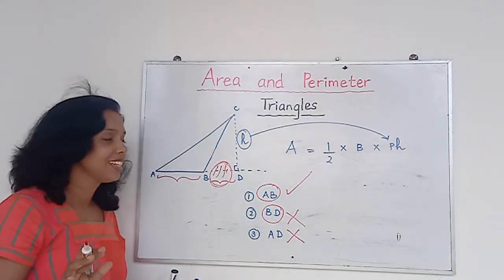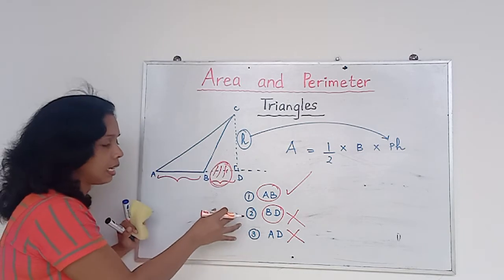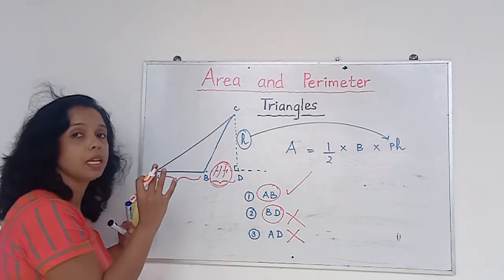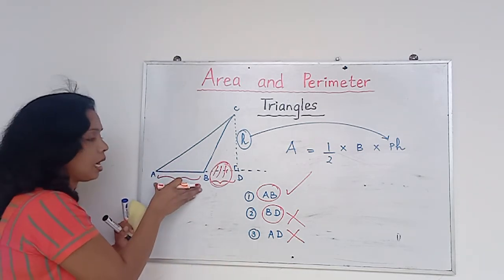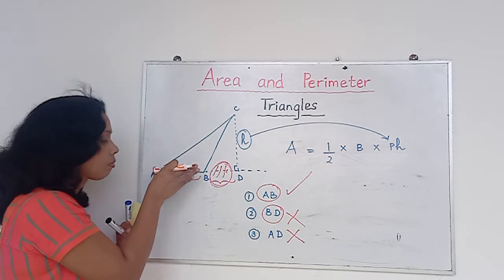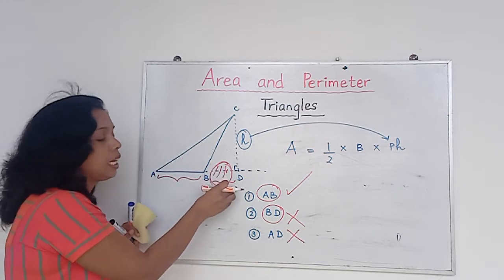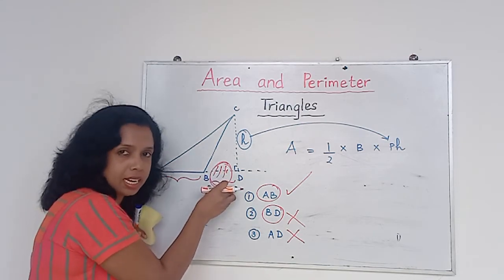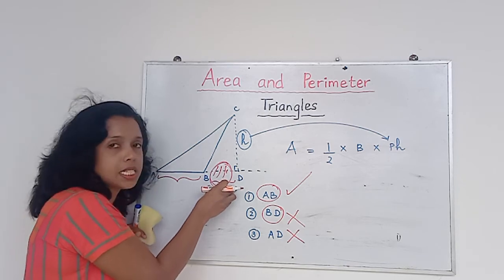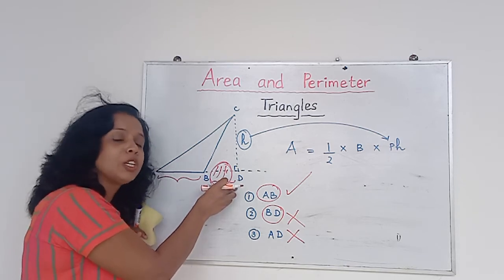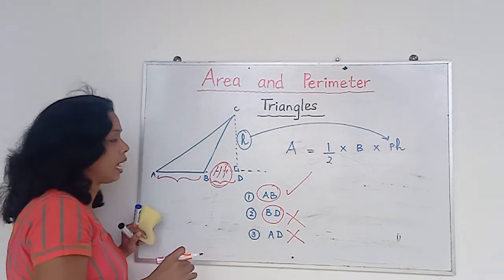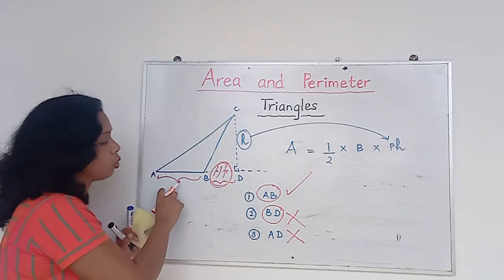Now understood? Try to understand this clearly, because AB should be the correct base. This BD is not a part of the triangle. It's only an imaginary line which I drew to have this perpendicular height, and you can't use this BD.